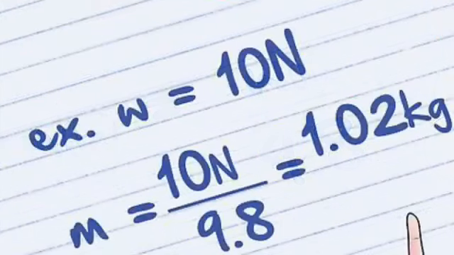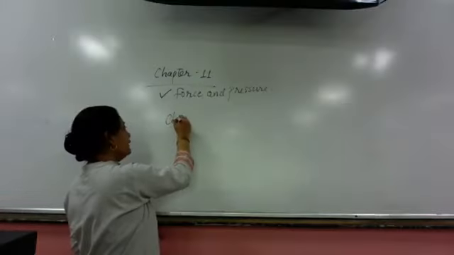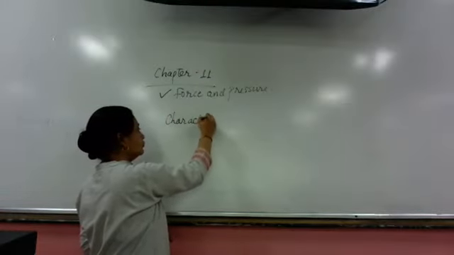If weight is given, divide it by 9.8, then you will get the value of mass. Here is an example. If weight is given as 10 Newton, divided by 9.8, you will get the mass, that is 1.02 kilogram.